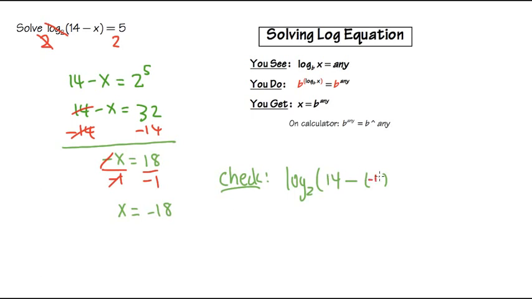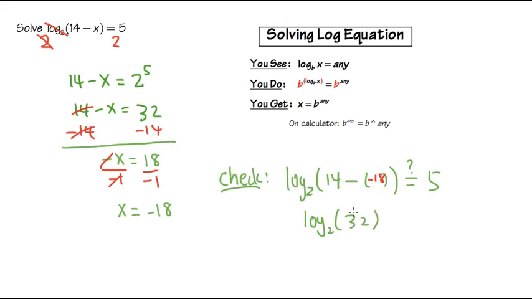Then close the parentheses, and is this equal to 5? I'm just checking it, so we will have log base 2 of 14 minus negative 18. It becomes 14 plus 18, and that will be positive 32.